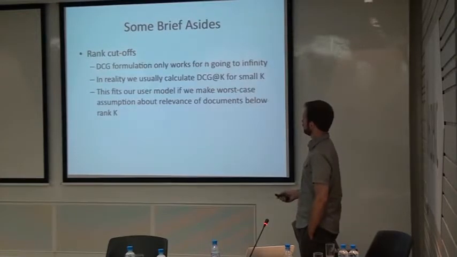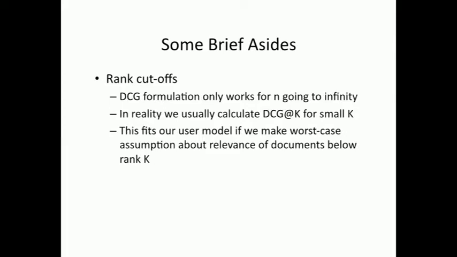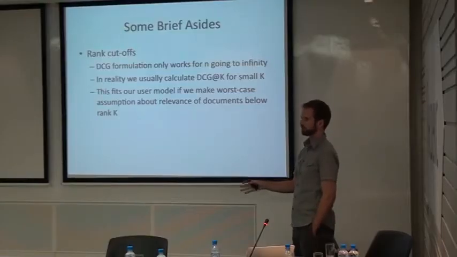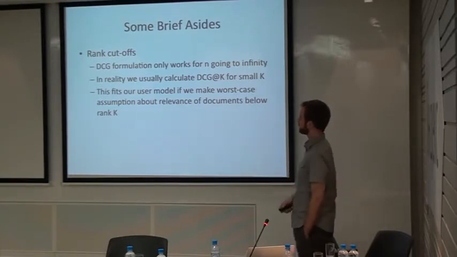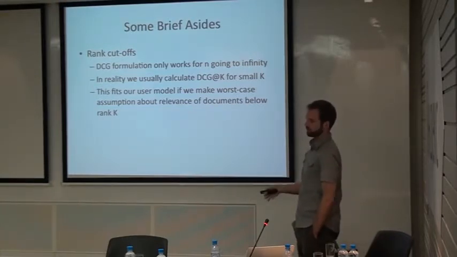So we can say the difference between RBP and DCG does not come down to their discounts in the stopping distributions, because they're fairly similar in that respect. It comes down to how they model the utility accumulated by the user as they step down the ranked results.